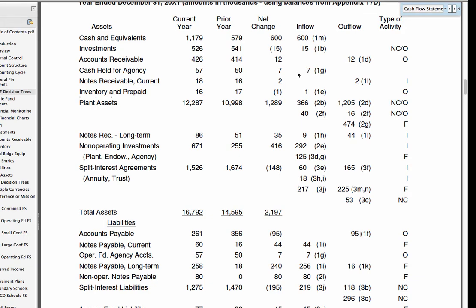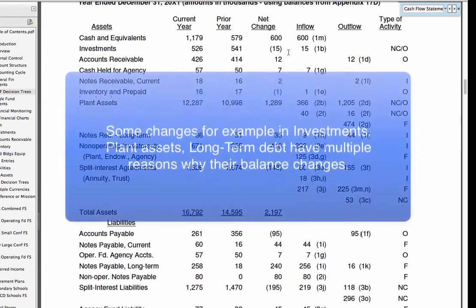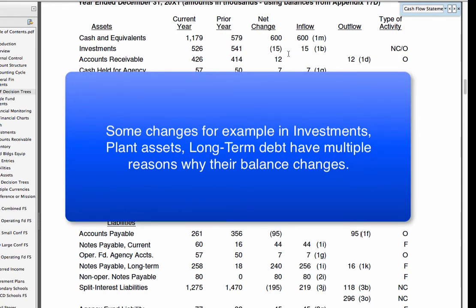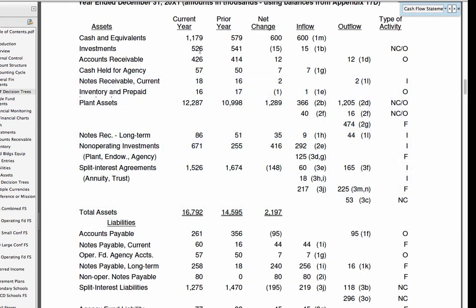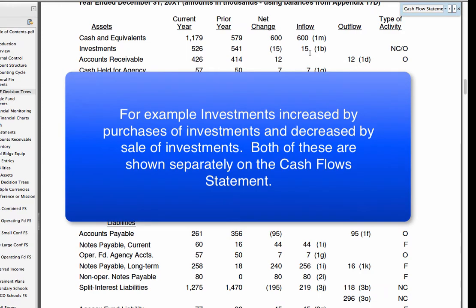Okay, no big deal. But here we have a complex one, for example, the change of investments. Okay, well, the change of investments, if we look at the way that investments appear on the cash flow statement, the difference between the change in the year shows in a couple different places. And so we have to make some assumptions about what has happened here.